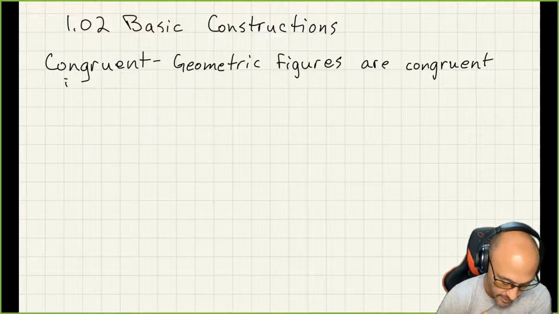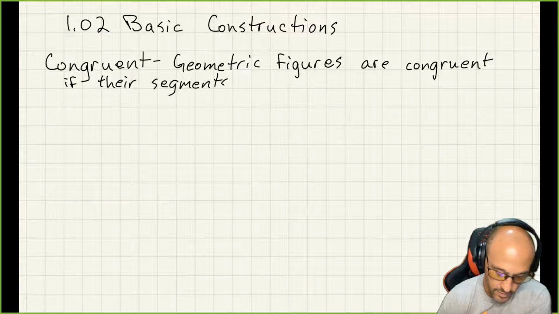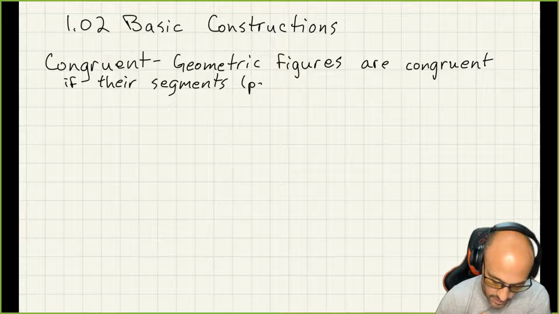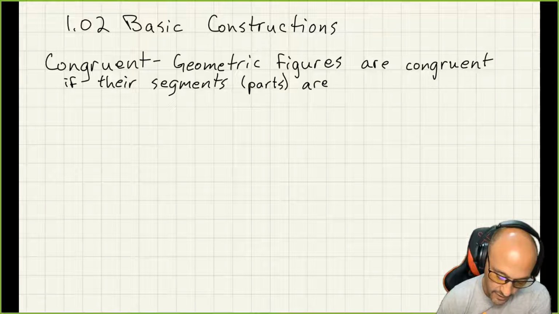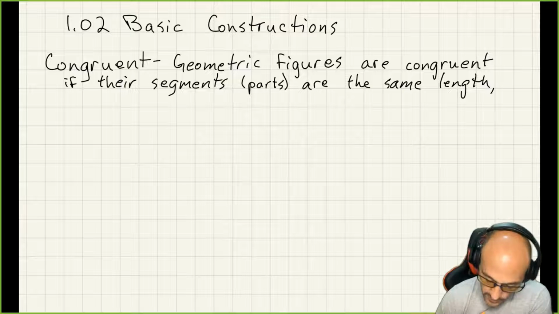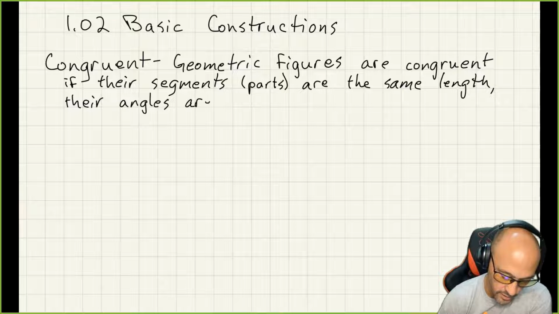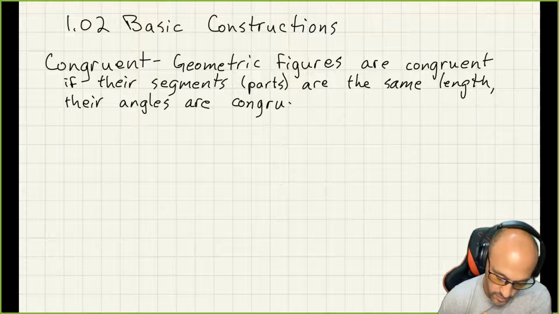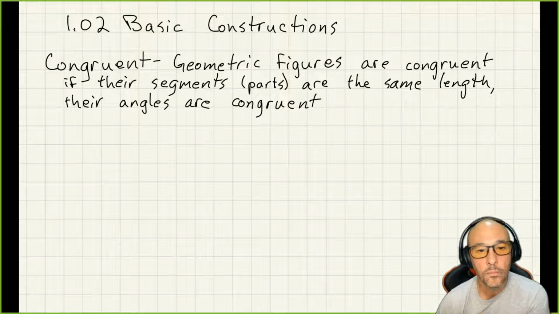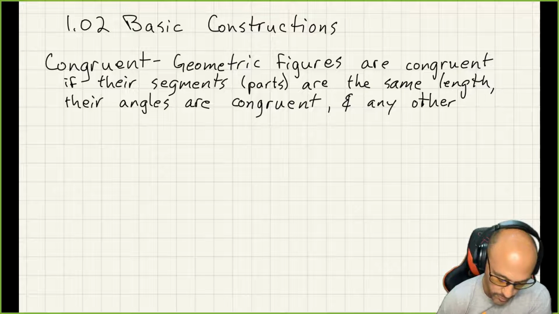If their segments or parts are the same length, their angles are congruent, and any other measurements are the same.